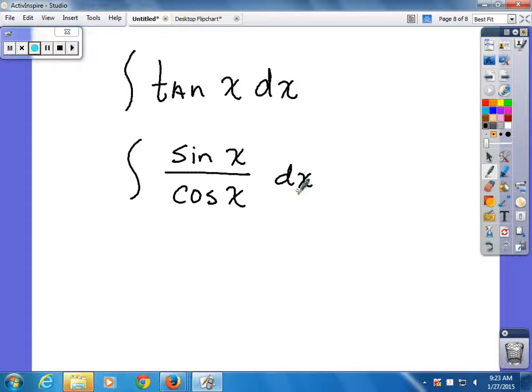Okay? Now, ask yourself this. What's the derivative of the sine? The derivative of sine is cosine. So if u is equal to sine, then what's this? Du.